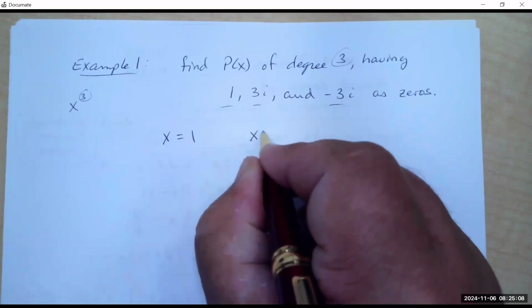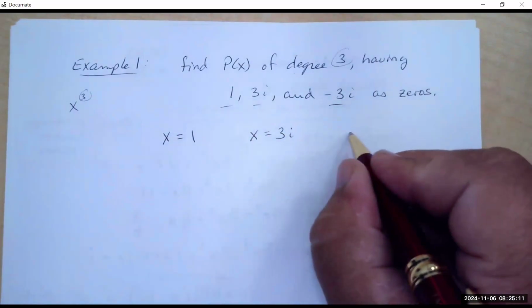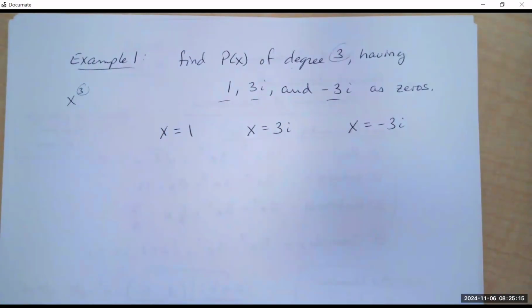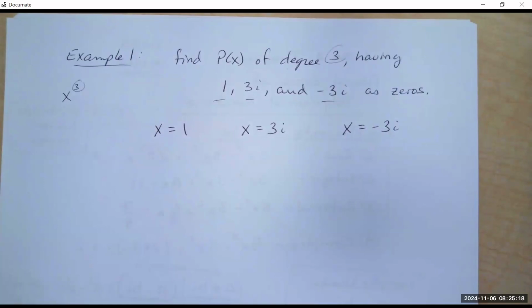So we set x equal to those x-intercepts. Next step is what? Set them equal to 0.